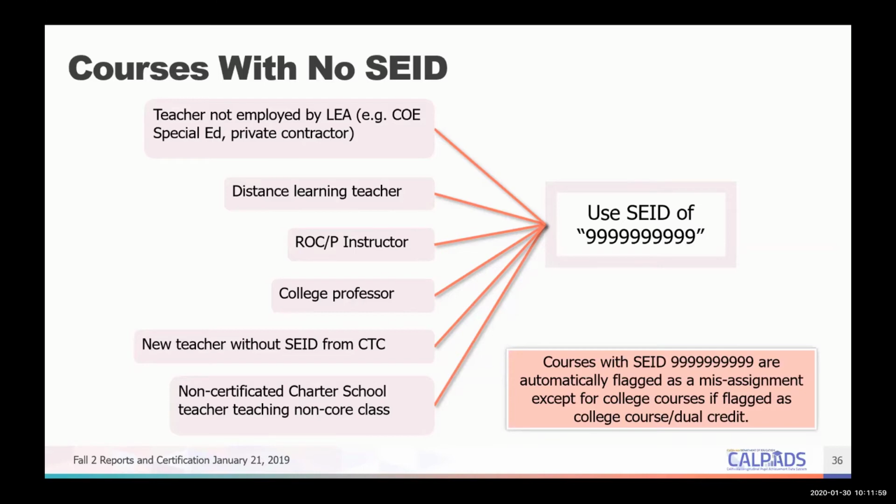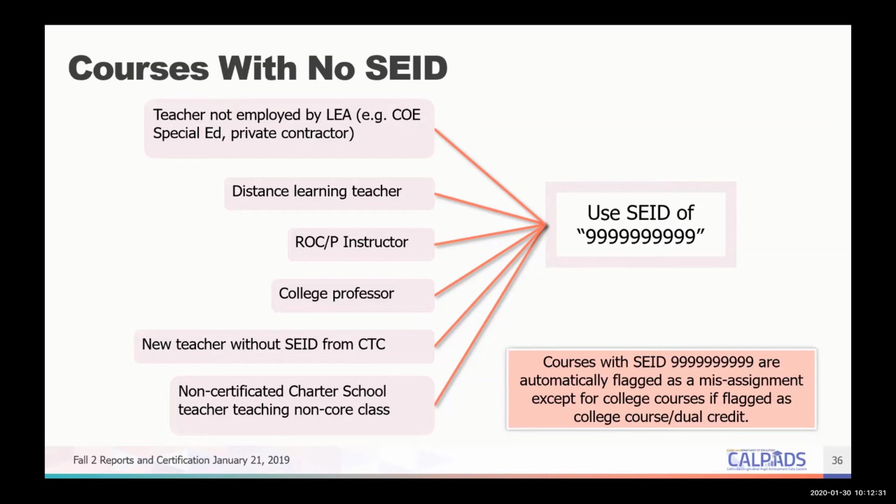Yes, that's correct. So this is in relation to staff assignment monitoring. Normally, if a staff member does not have a SEID, you use SEID 999 and assign it to the course. However, due to assignment monitoring requiring credentials, SEID 999 might not have that identified because it's not a valid SEID. You can't compare it to someone in the CTC database, right?